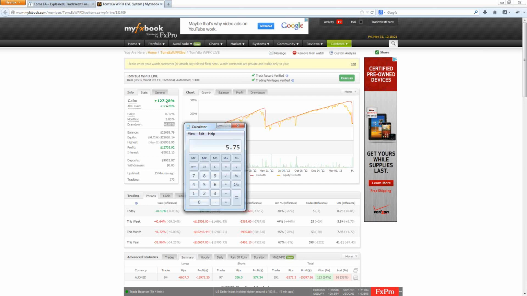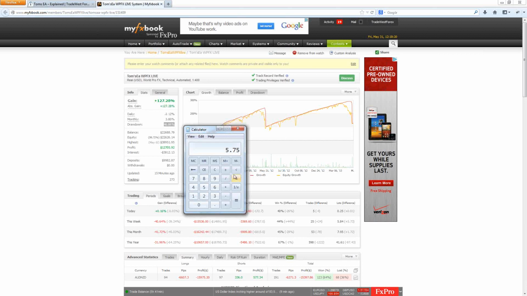So, trying to take a system like Tom's EA and make an income out of it is really only going to be possible, like I showed you here, if you scale it back and then trade a larger account. If you're trying to make $5,000 a month, you're probably going to do better off saying let's go for 20% a year. So you times that by 12.